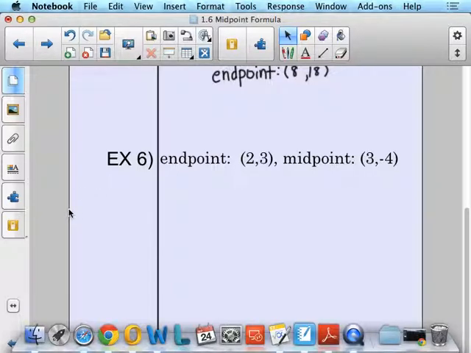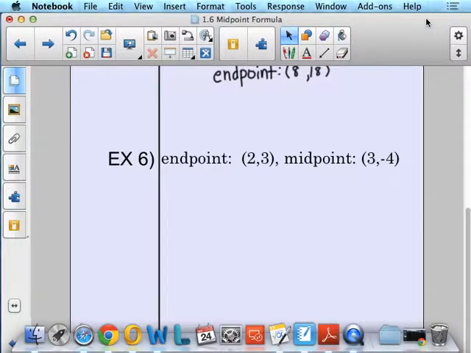Okay, a couple more examples like this. So the endpoint 2, 3 and midpoint 3, negative 4. So I'm going to set it up the same way.